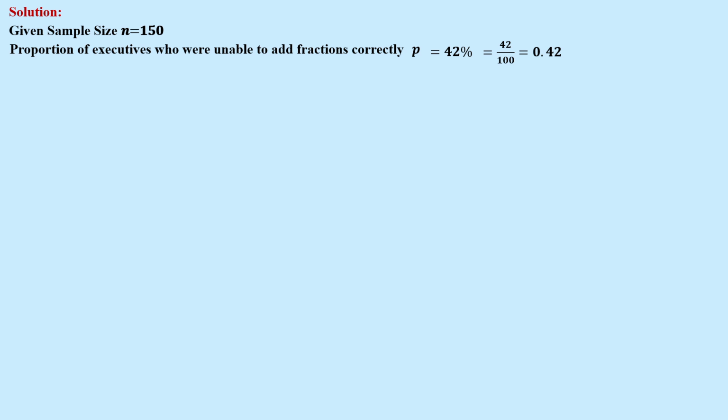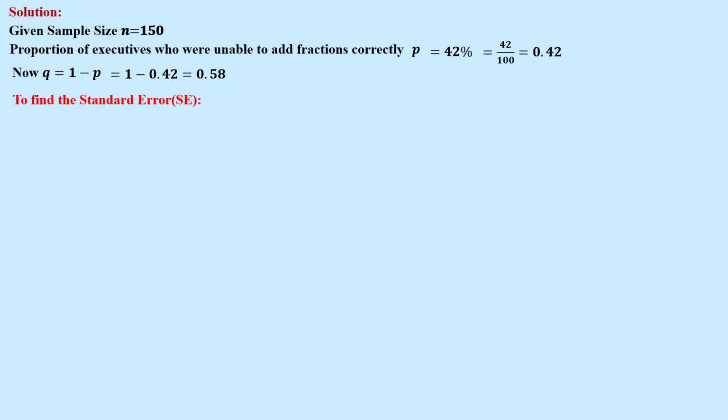Given sample size, 150 executives, so N is equal to 150. The proportion of executives who were unable to add fractions correctly, P, is 42%, so 42 by 100, 0.42. Now Q is equal to 1 minus P, which is 1 minus 0.42, equal to 0.58.